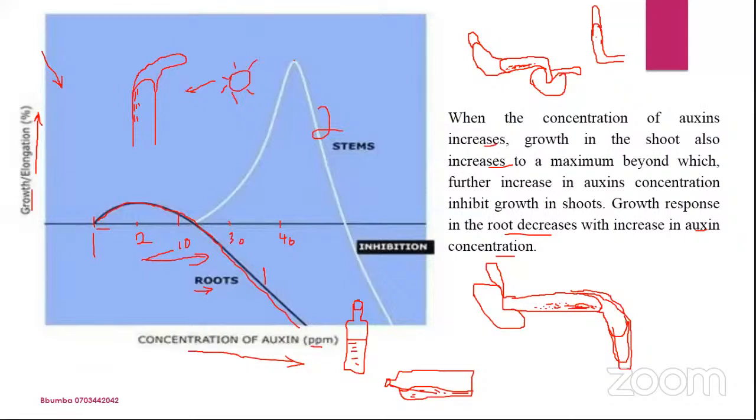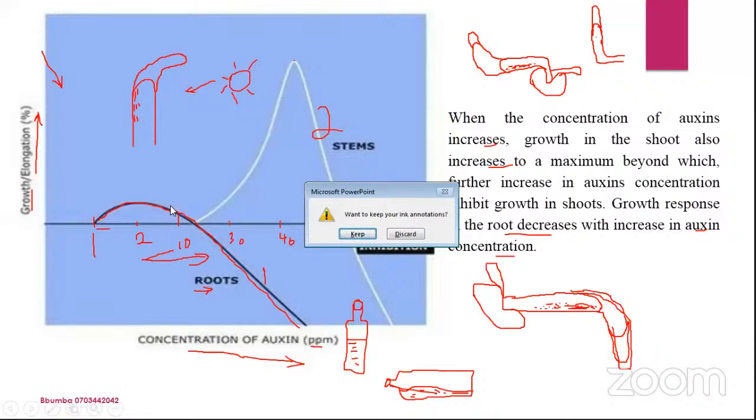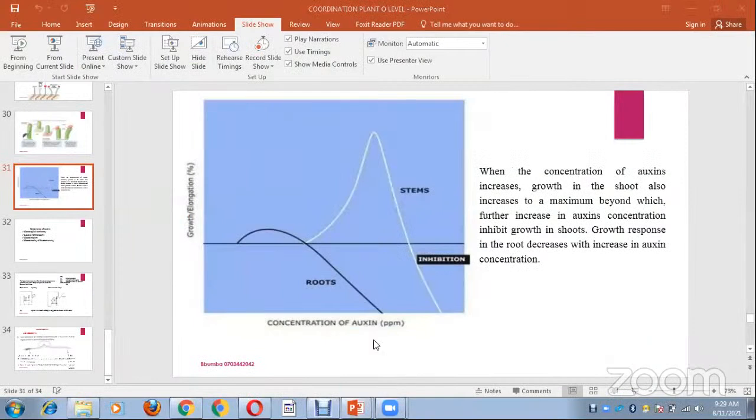I don't know what's wrong with this network. Okay, yeah, I thought I had lost the network.